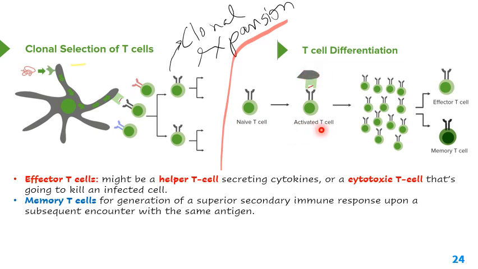Once it gets activated, this is when it's going to expand. Now, among those expanded cells, some of them are going to become effector T cells. They're going to get out there and do the job. Some other cells are going to differentiate and become memory T cells. They're going to stay with you forever, or nearly forever. They have very long lives, usually forever.